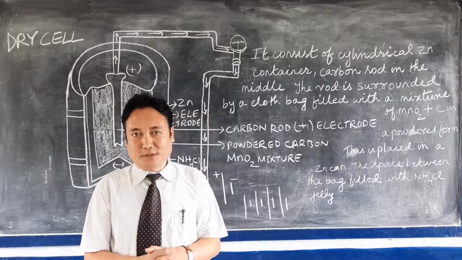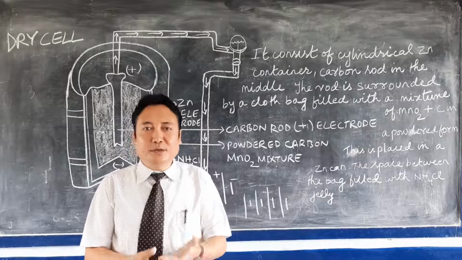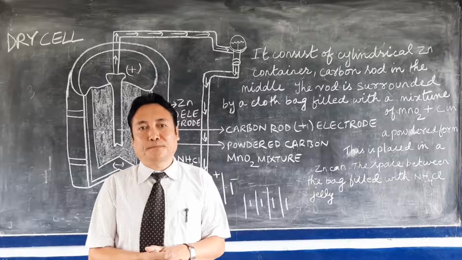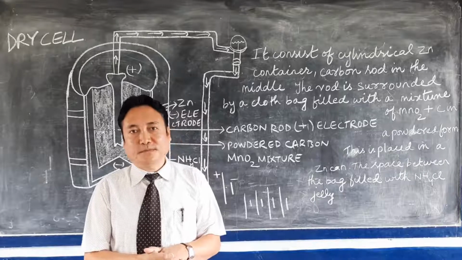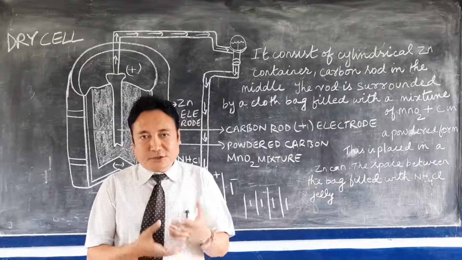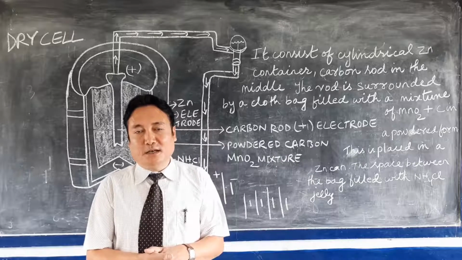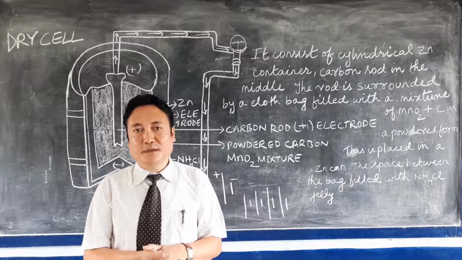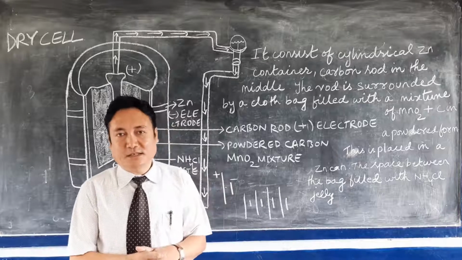It is of no use. For example, the battery of a torch, the battery used in a remote control, the battery used in toy cars which small children play with.